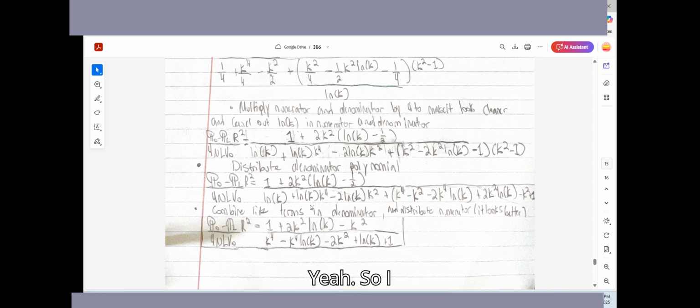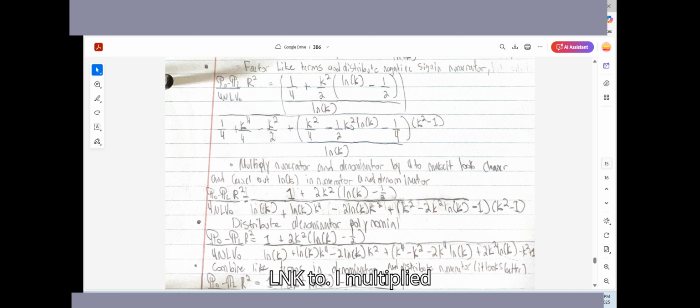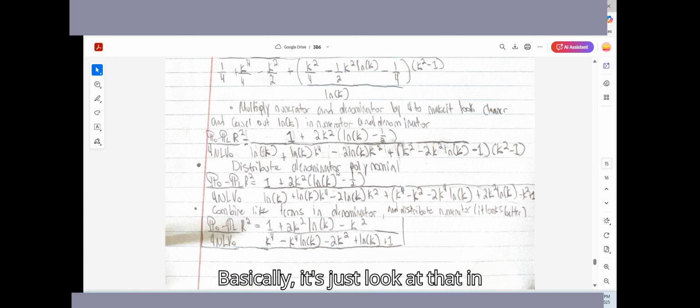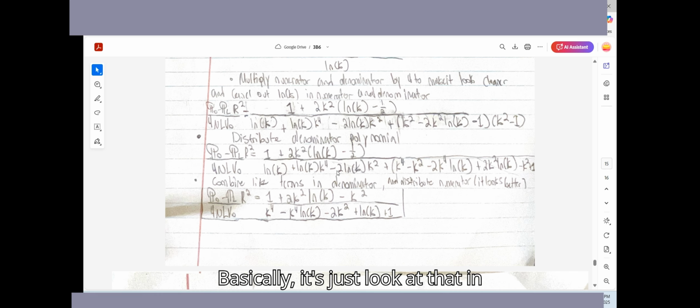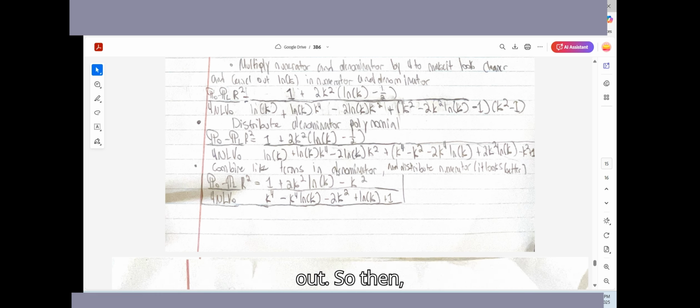So I distributed that. I distributed lnk, I multiplied lnk up to the numerator. Basically, just look at that in depth and you'll be able to figure it out.